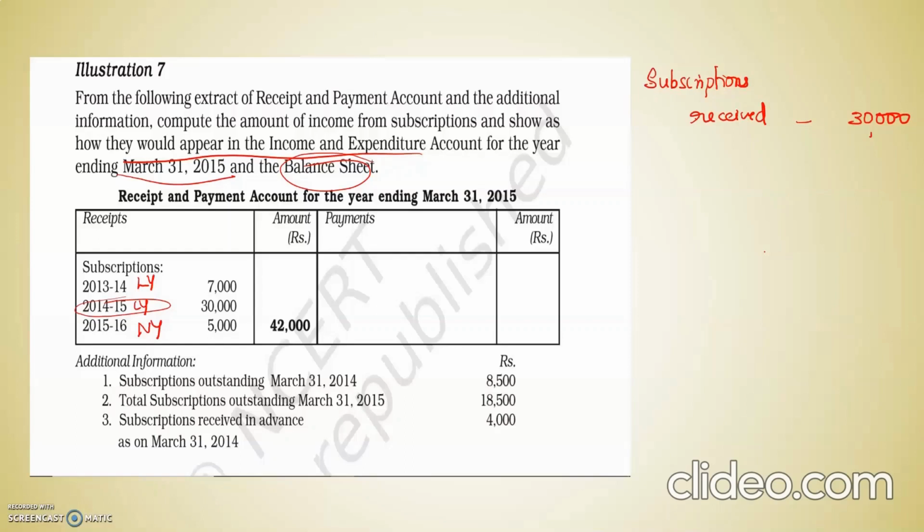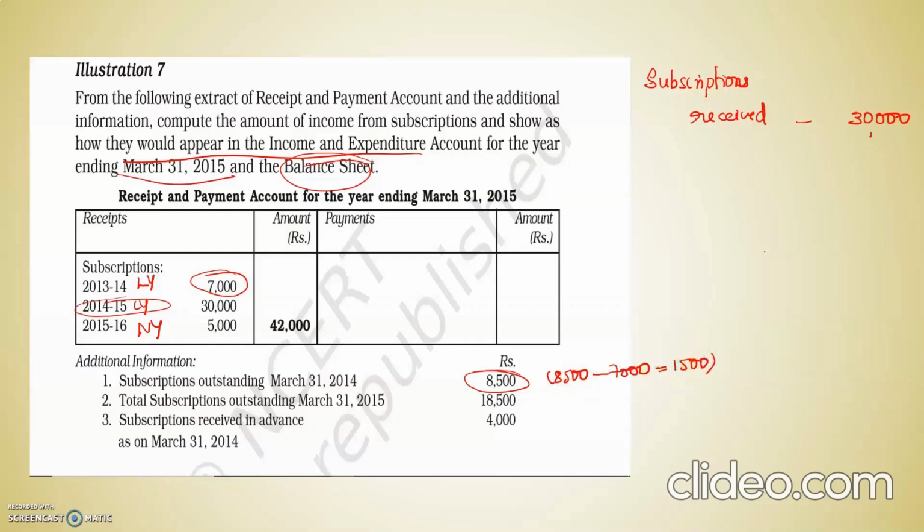So last year end, 31st March 2014 is last year end, outstanding 8,500. Out of this we received 7,000. We can see it in the receipt and payment account. Last year's due we collected in the current year, 7,000. That means still there is outstanding. Out of 8,500, 7,000 received means 1,500 is still due.